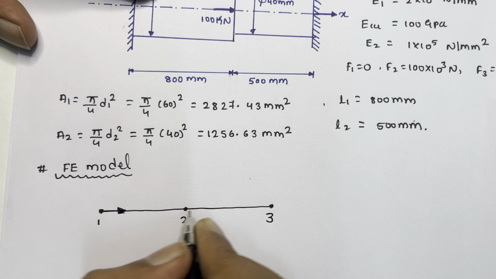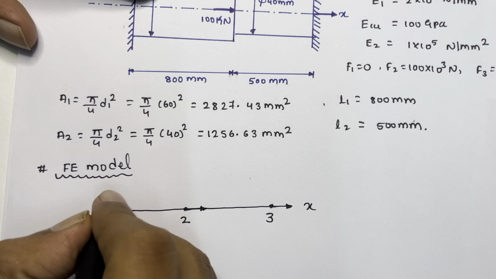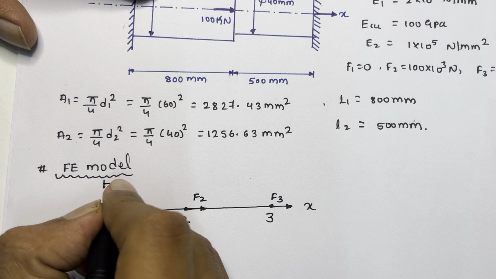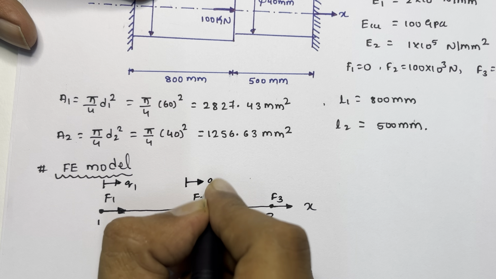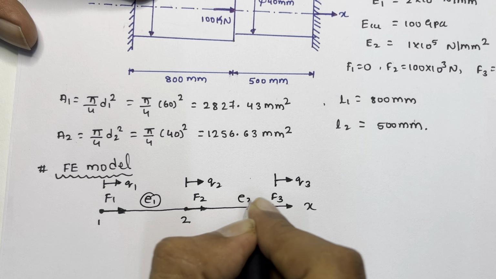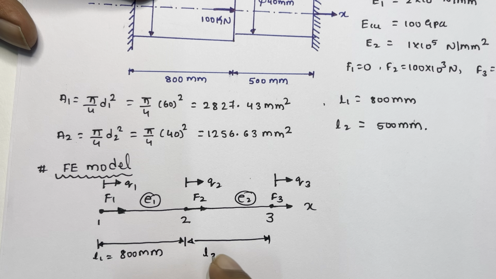Here the force is F1, the force is F2 and the force is F3, and this is the direction of X. The displacements are Q1, Q2 and Q3. This is element 1, this is element 2. The length for element 1 is 800 mm and we call it L1. Similarly for the second element L2 is 500 mm. Okay, this is the FE model.